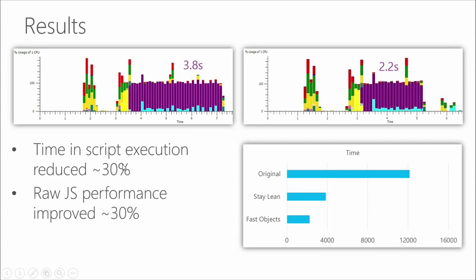So the script time was reduced by 30%, and the raw JavaScript performance also improved by 30%. This is something we're pretty proud of, having a pretty fast engine that can improve performance by that much.